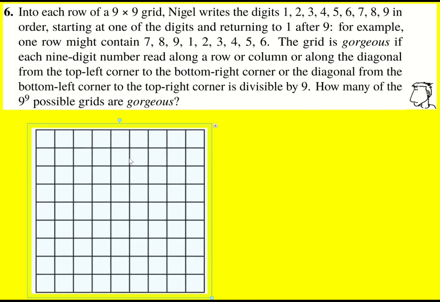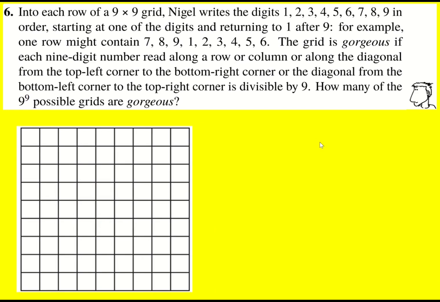Pretty epic question here. So Nigel writes the digits 1, 2, 3, 4, 5, 6, 7, 8, 9 into the grid and along each row. So we could just start with 1, but as the question indicates, maybe he starts with 7.